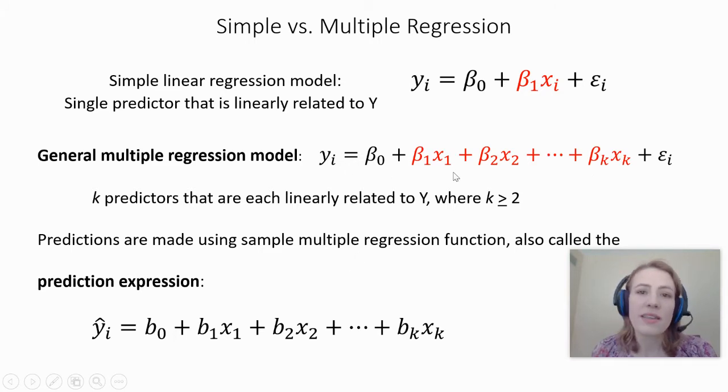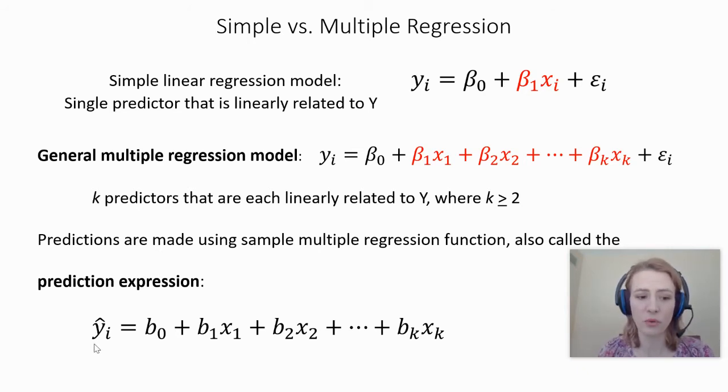All right, so notice there, we've got betas. So those are our parameters, the true population intercept and the true population beta coefficients. If instead we modify this to describe a sample instead of a population, we'd be changing our betas to b's. So this would give us what we call the prediction expression. So y hat, remember the hat means a prediction.